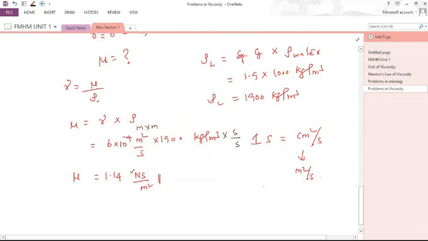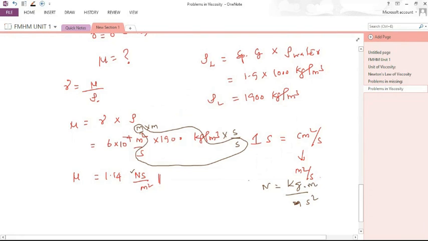We already know that Newton is nothing but kilogram meter per second square.